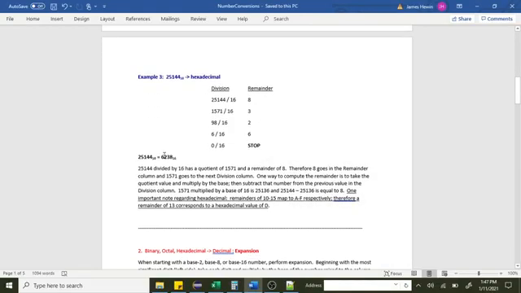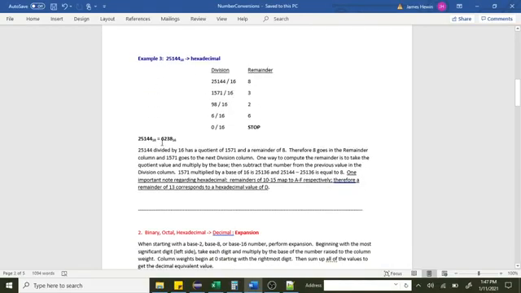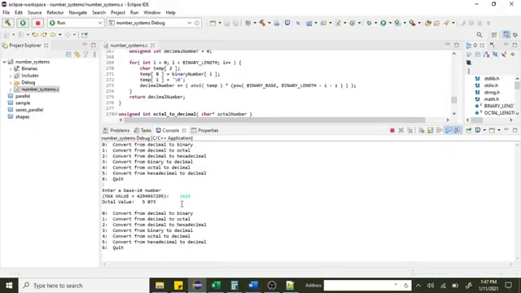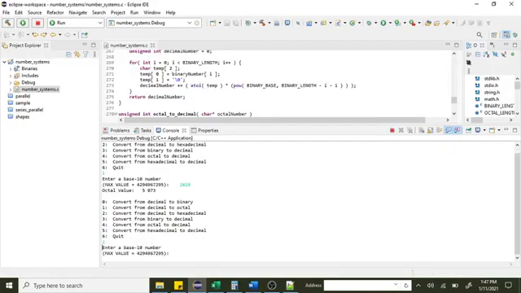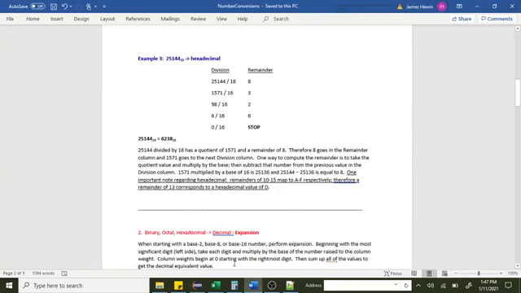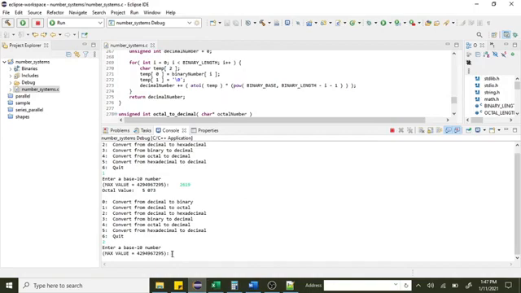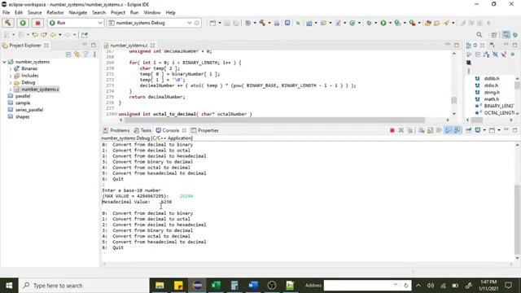Once we do that, 25144 base 10 is equal to 6238 base 16. So if I do base 10, 25144, I get 6238 in hexadecimal.